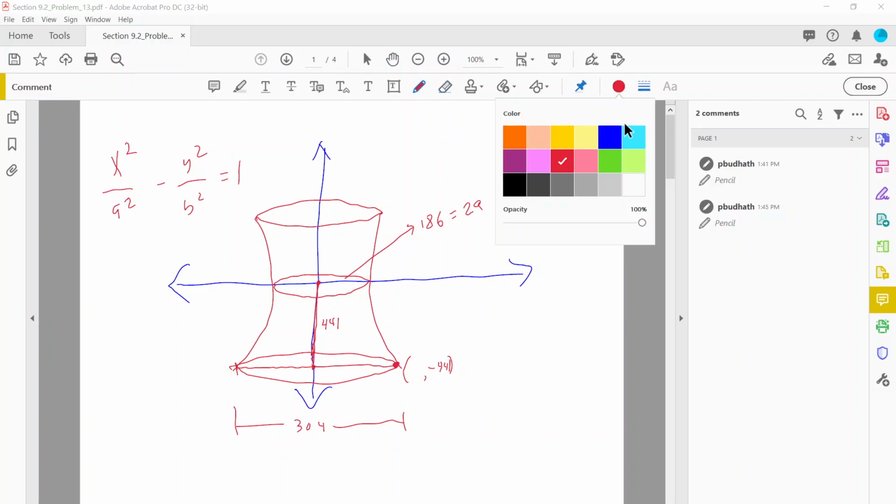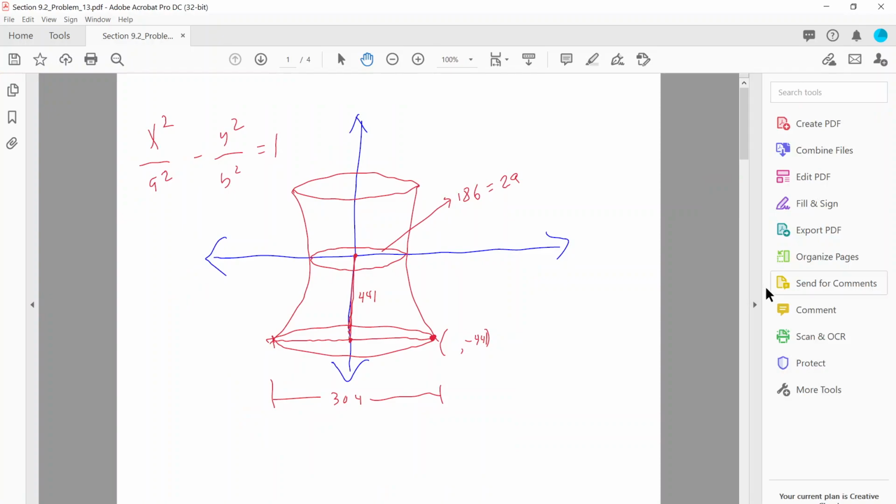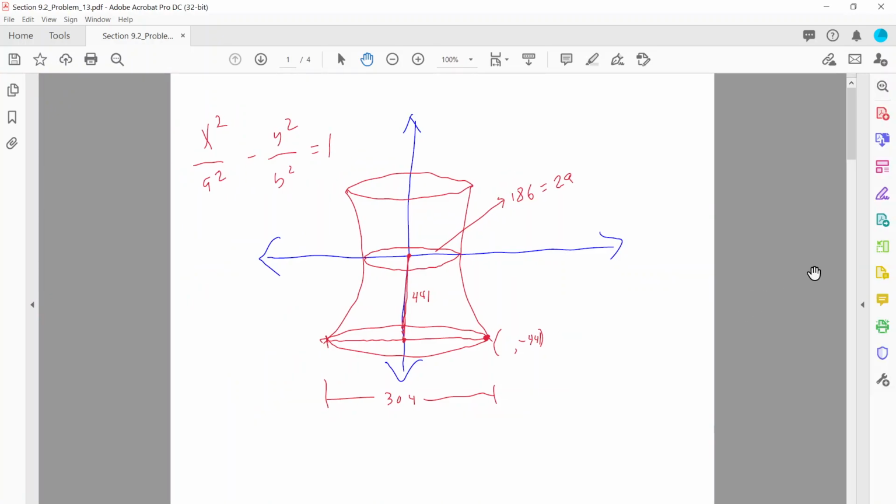So this is 152. I got the x coordinate by finding half of the diameter of the bottom part, and I got the y coordinate by finding the distance from the smallest diameter to the bottom part, which is 441. If the center is at the origin, then the negative of that is your y coordinate.